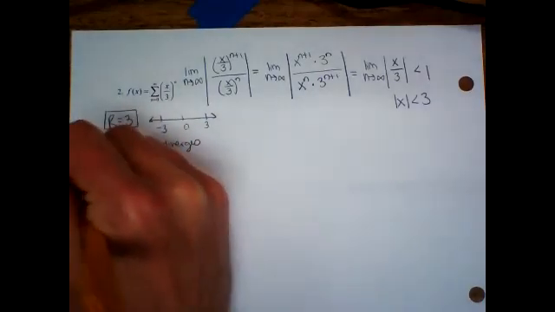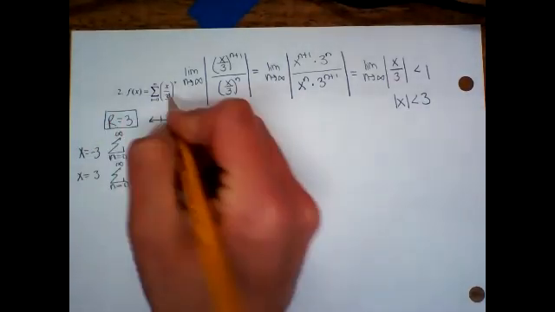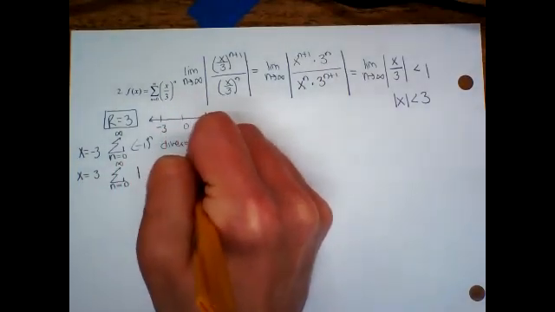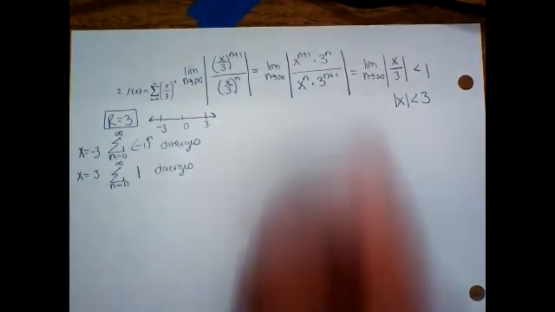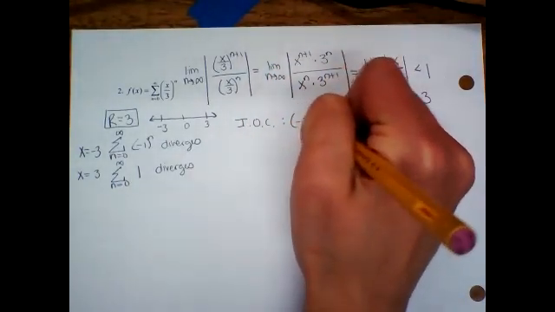And then if x is +3, that'll just be 1 to the n, which is just 1. So again, 1 plus 1 plus 1 plus 1 plus 1 plus 1, that's going to diverge. And so the interval of convergence is that we don't want to include either of them.